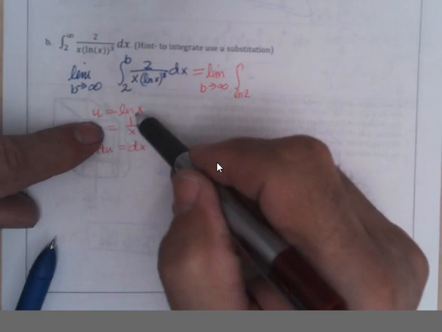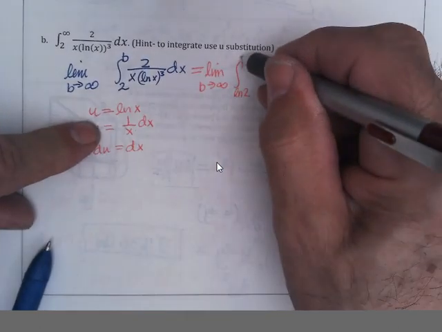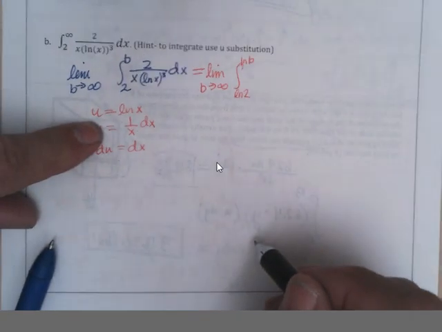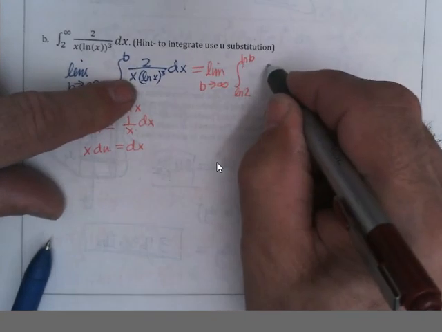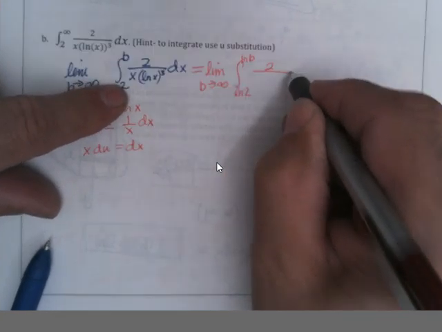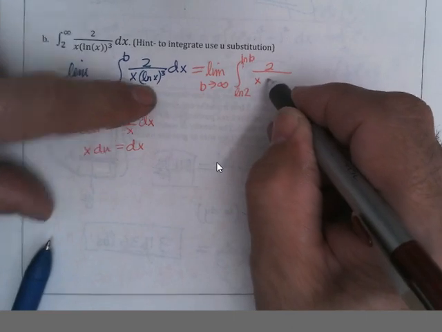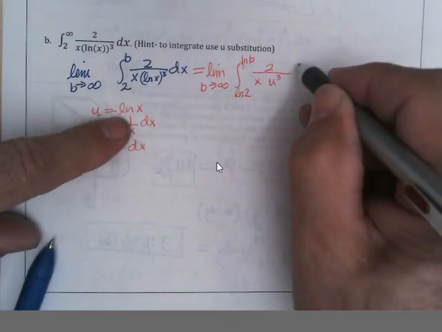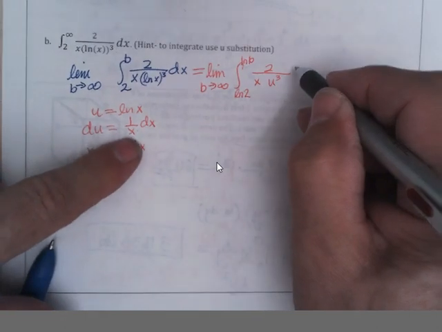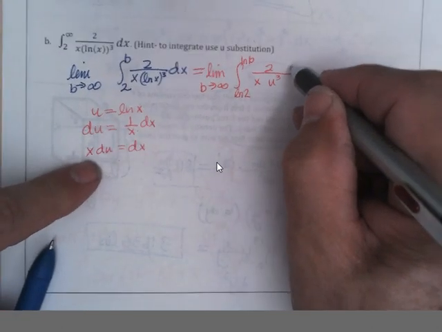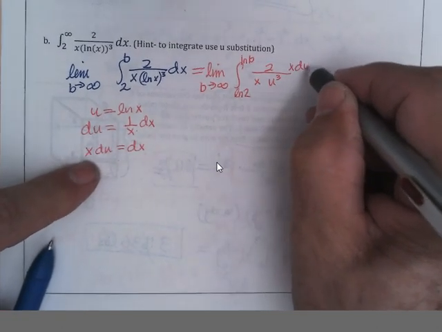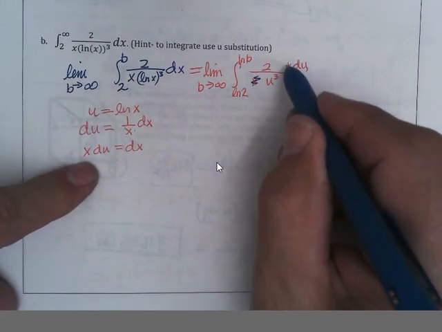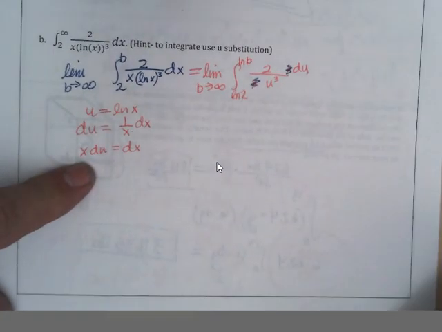And if I put b, u would be ln b of 2 over x, ln is u to the third, and the dx is x du. And this is nice because the x cancels.